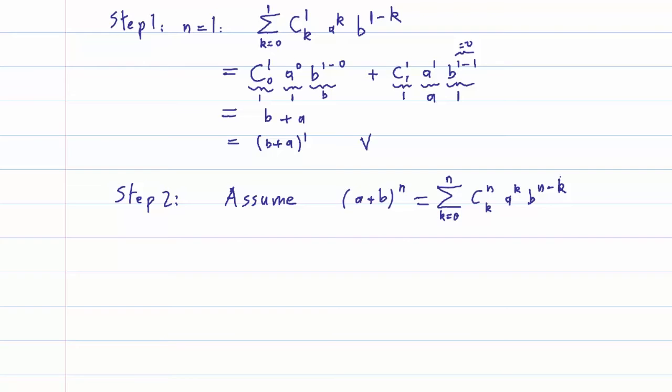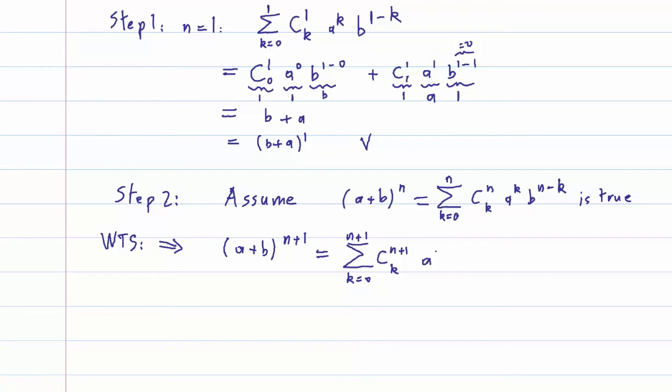This is what we need to show. We assume it's true. We want to show that it implies that (a + b)^(n+1), so it's the next one, equals the sum for k equals 0 to n plus 1 this time, of C(n+1, k) a^k b^(n+1-k).